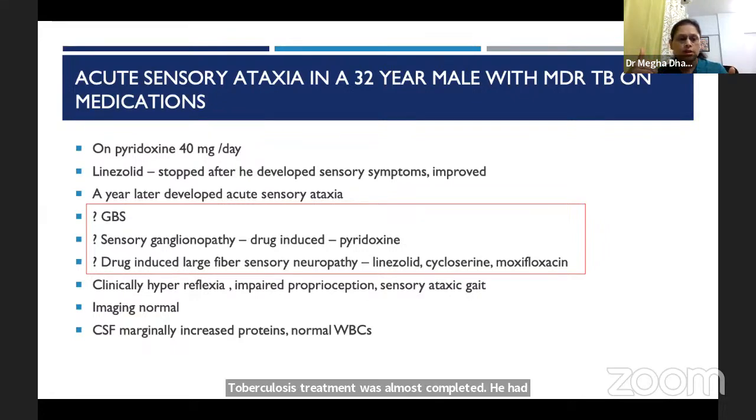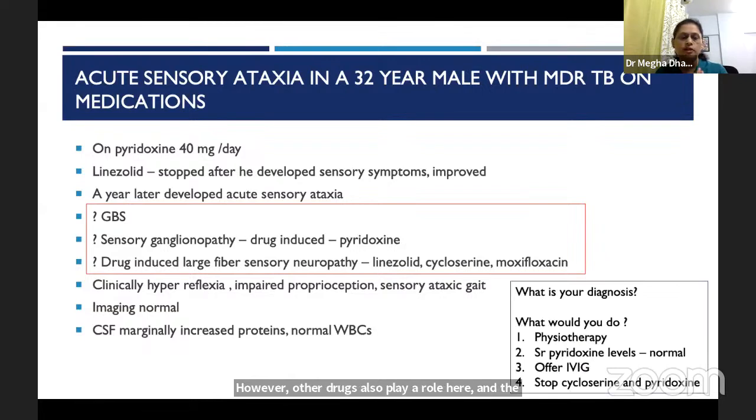The clinical presentation gets complicated in MDR TB specifically because they are on polytherapy, including drugs like linezolid, cycloserine, and moxifloxacin, which are all neurotoxic. We know pyridoxine causes sensory ganglionopathy. However, other drugs also play a role here, and the diagnosis can be challenging in these patients.